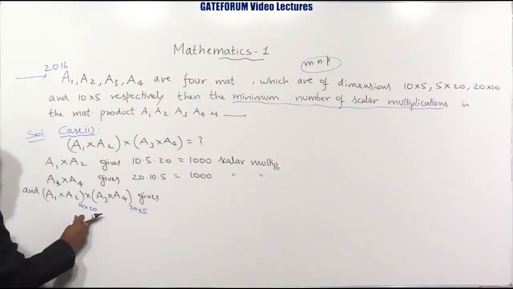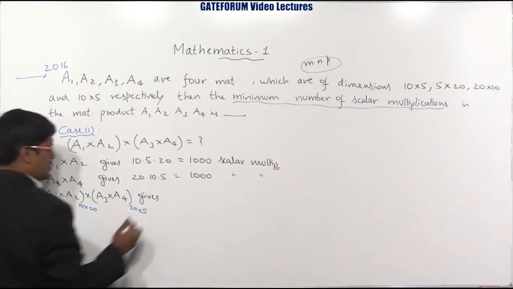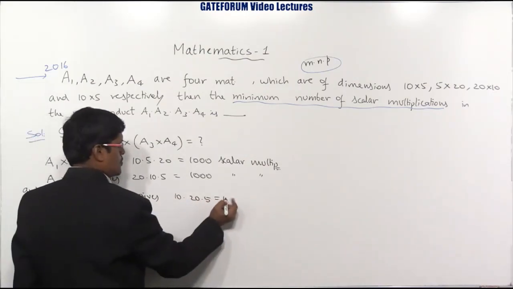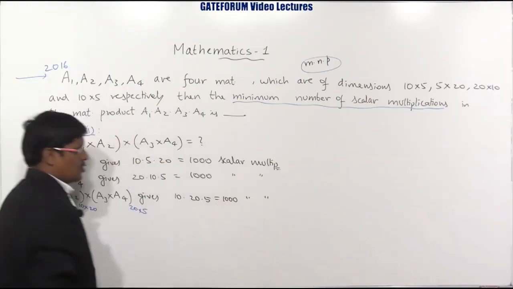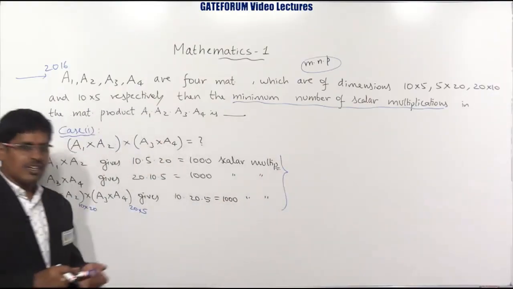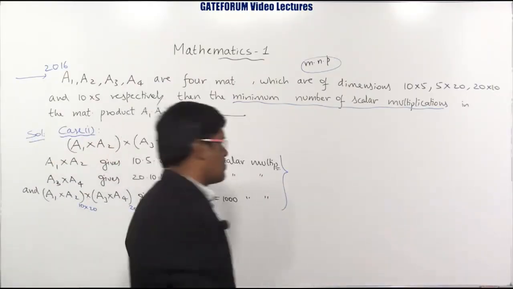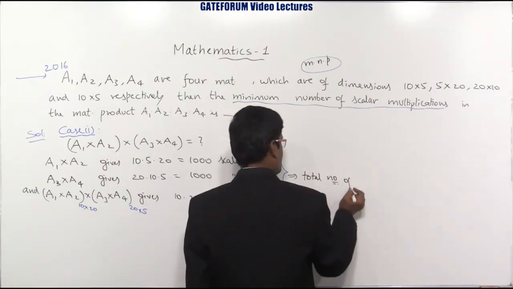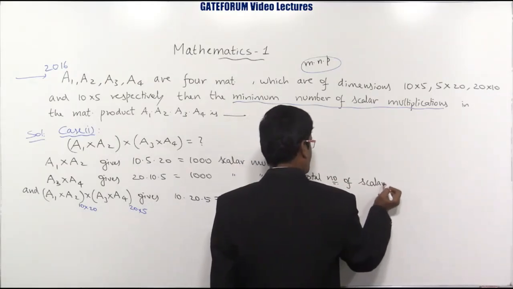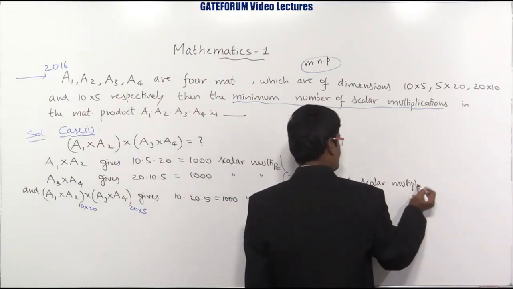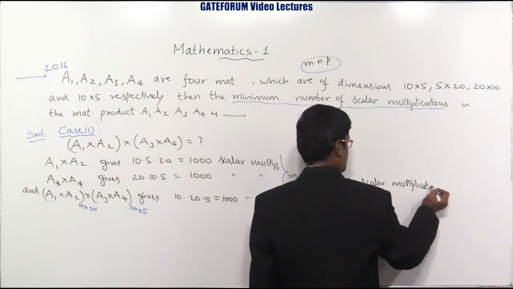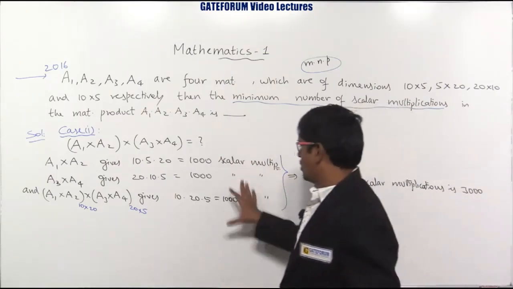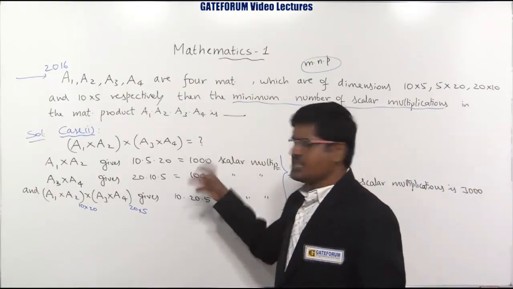Just compare with M into N, N into P. Which gives 10 into 20 into 5, that is again 1000 scalar multiplications. So altogether, in this case, adding the 3 steps, the total number of scalar multiplications is 3000.